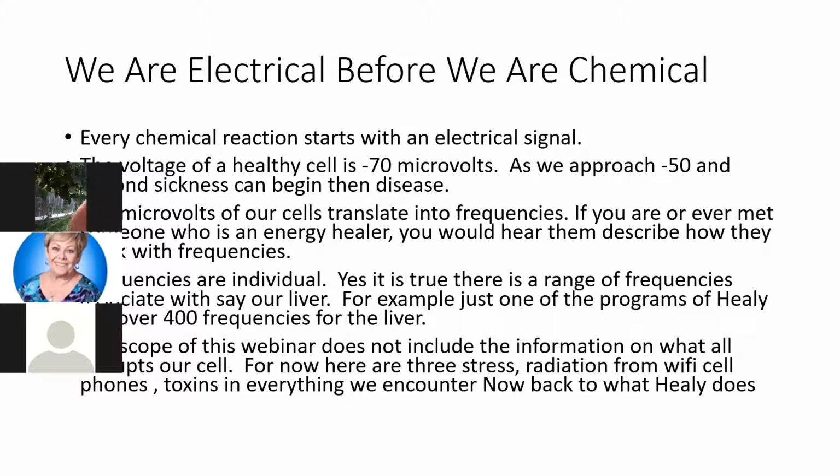So the scope of this webinar does not include the information on what all disrupts our cells. For now, there are 3 things that I'm going to point out that do disrupt our cells. Those are stress, radiation from Wi-Fi and cell phones, and toxins in everything we encounter, including our food and water.